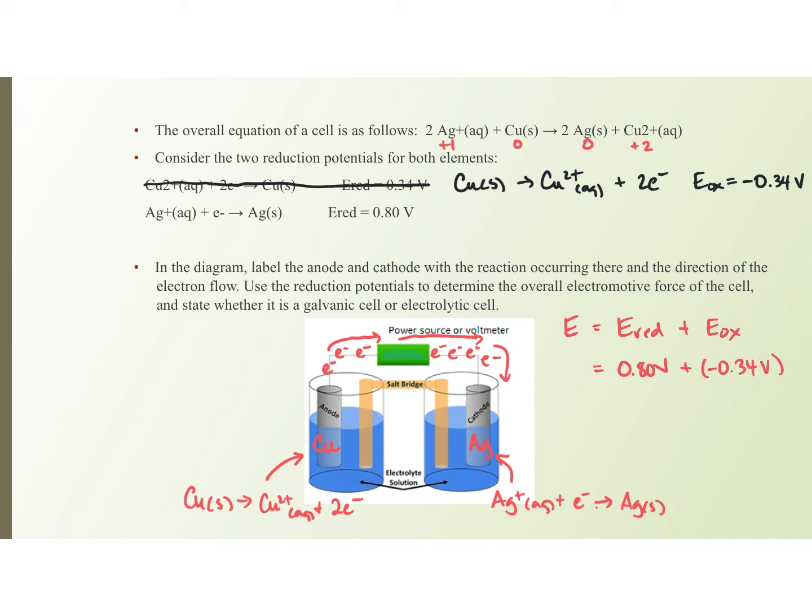When you add those together, it gives you an electromotive force of 0.46 volts. That positive value indicates that it is a galvanic cell and that it will happen naturally without any assistance.